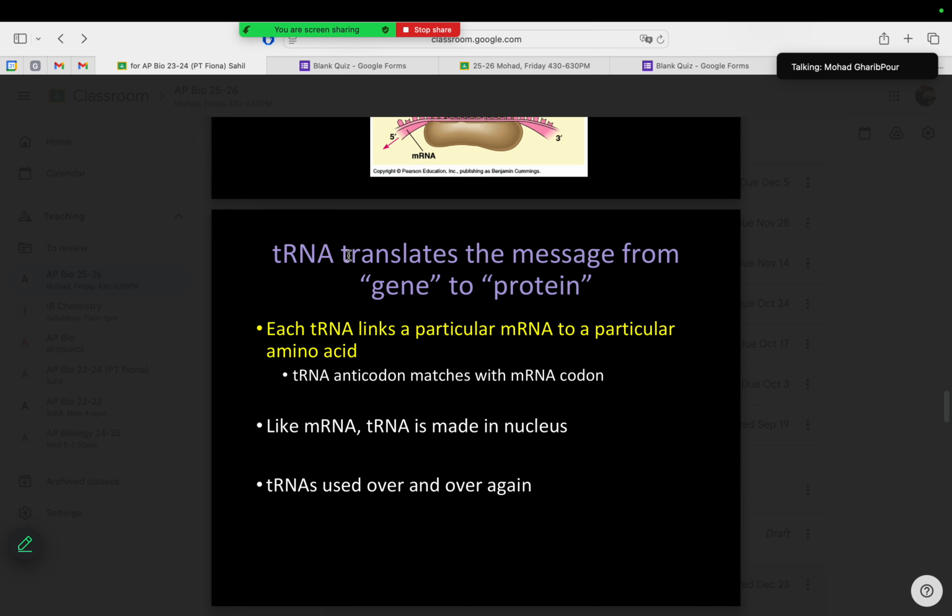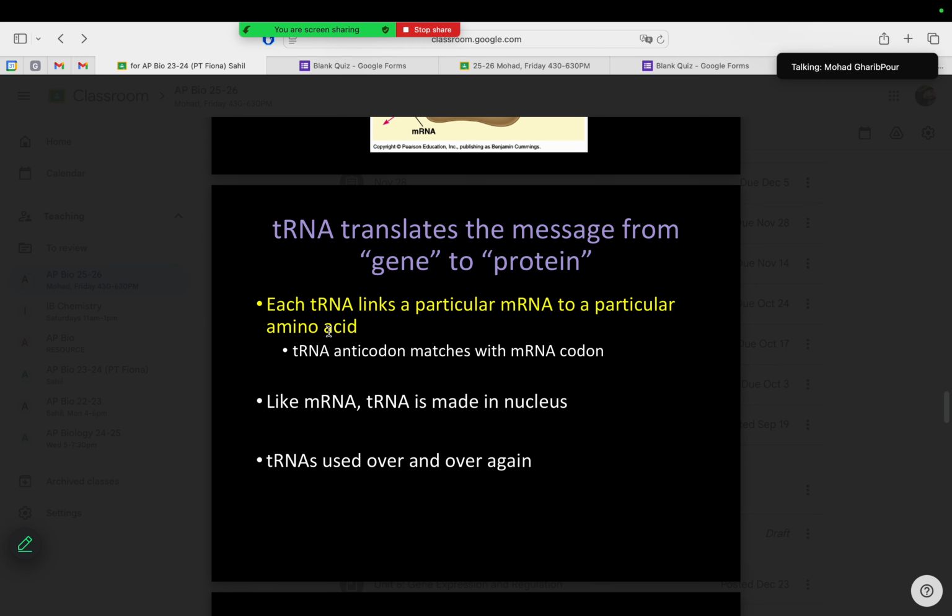So the tRNA is really the point at which we are translating from nucleotide language to protein language. Each tRNA links a particular mRNA sequence or codon to a particular amino acid. The tRNA anticodon matches with the mRNA codon.